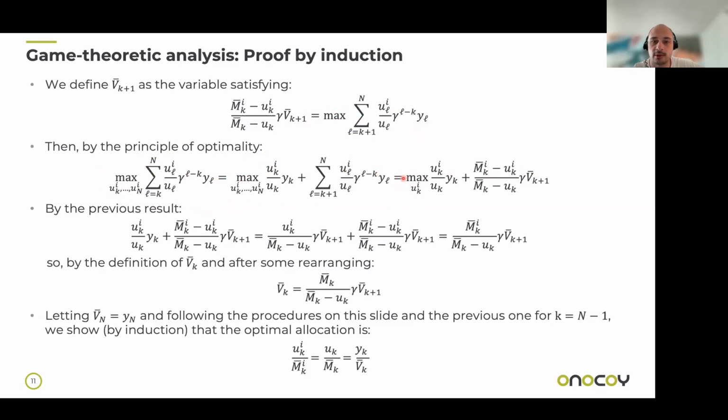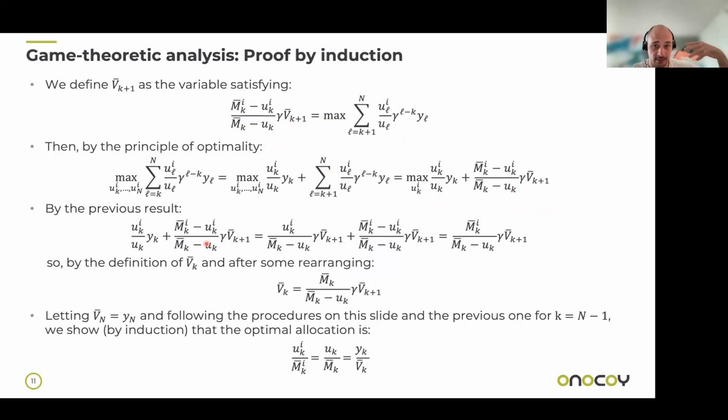And then I'm trying to basically improve this expression, because it's really complicated, to not do the optimization from uk to un, but just to do it over uk. And you can do that due to the principle of optimality, because this is true. Basically, I've replaced this term here, and now I have this new expression.